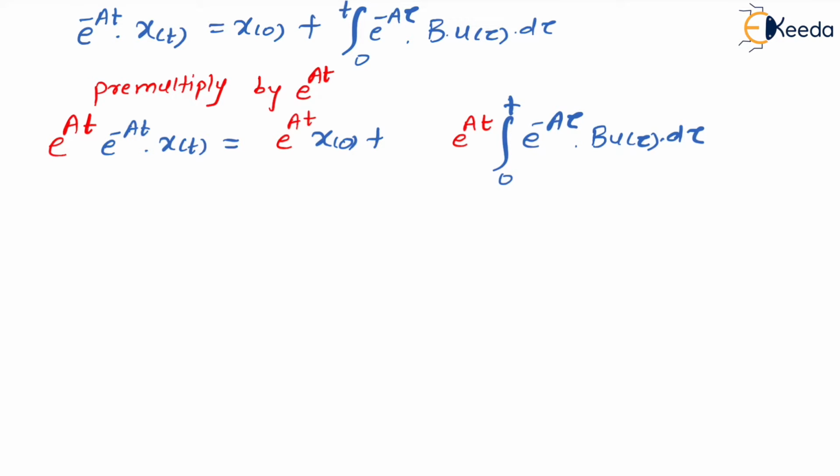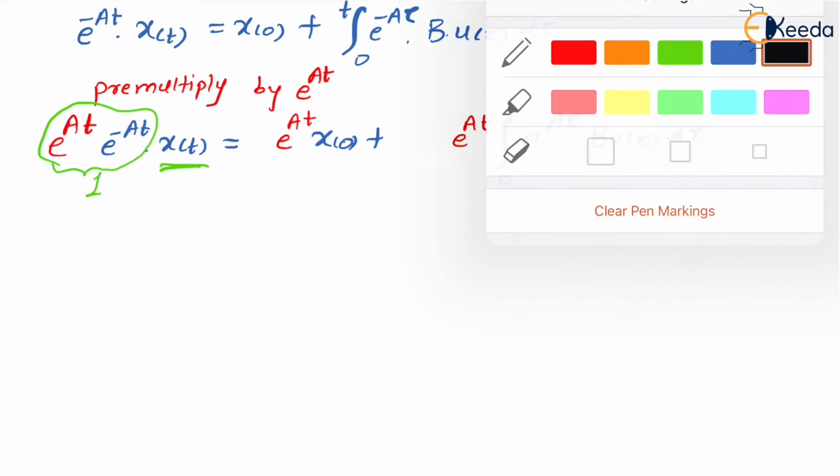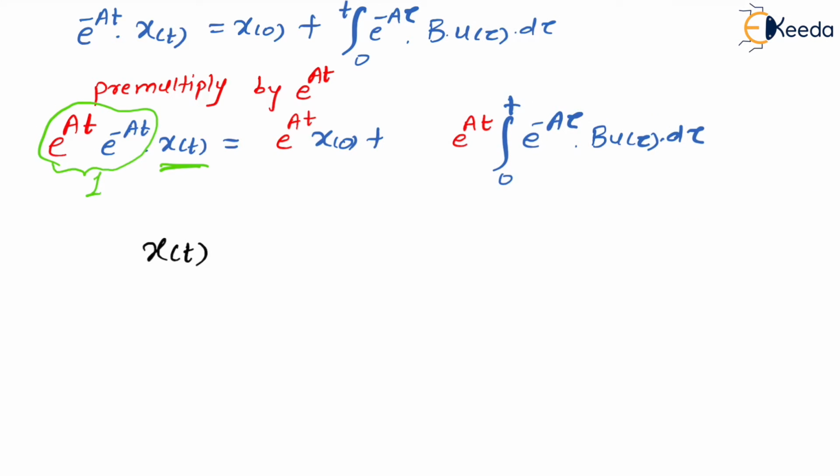Now, if you see here, what has happened? This e to the power At multiplied by e to the power minus At is going to be 1. So on the left hand side you get x of t only, x of t is remaining. So it is going to be x of t, right? Which is equal to what?